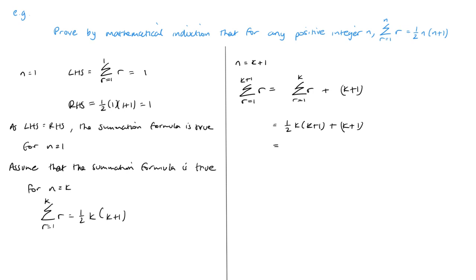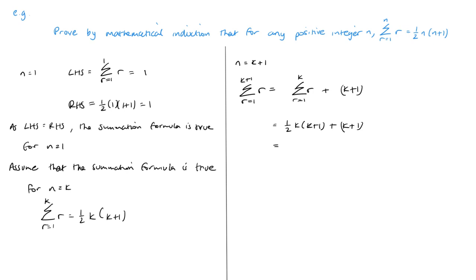Now it's just a matter of some manipulation, and we need to get it into this form, but with k plus 1 instead of n. So basically we want a half k plus 1, k plus 2.